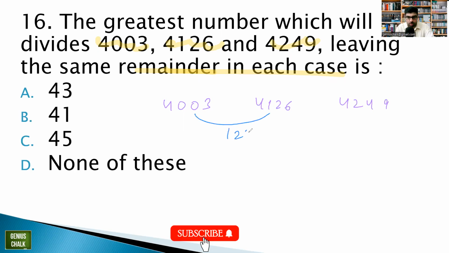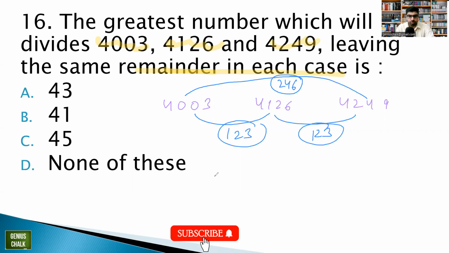What is the difference of B minus A? Then what is the difference of B minus C? And what is the difference of A minus C? So this is 6, 4, and 2, 246. Then find the HCF.